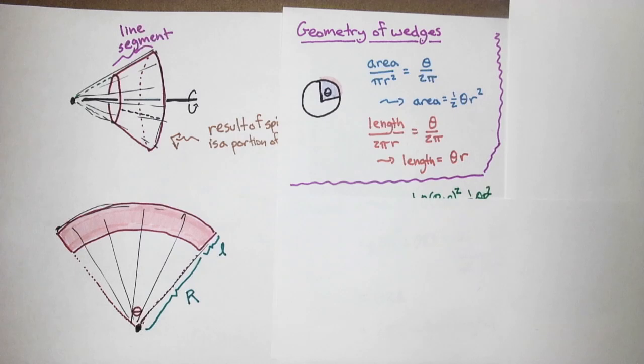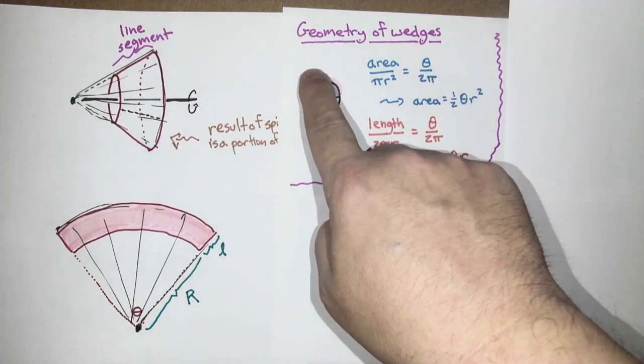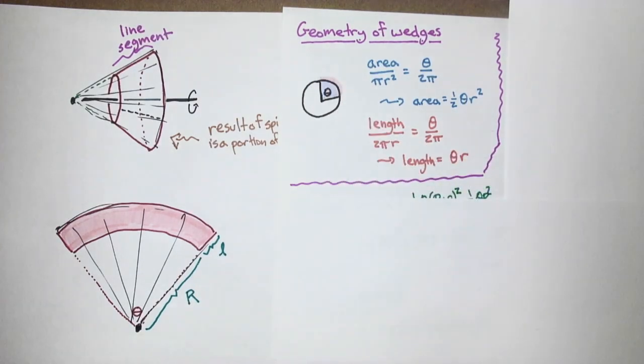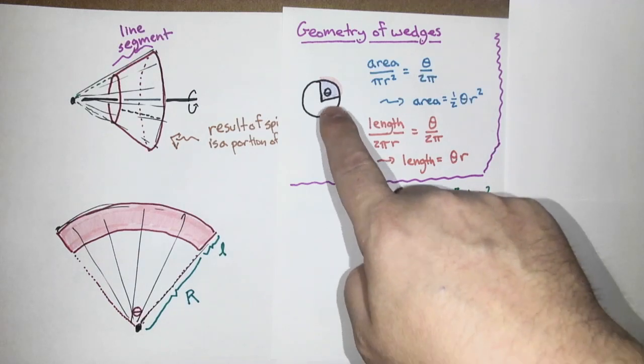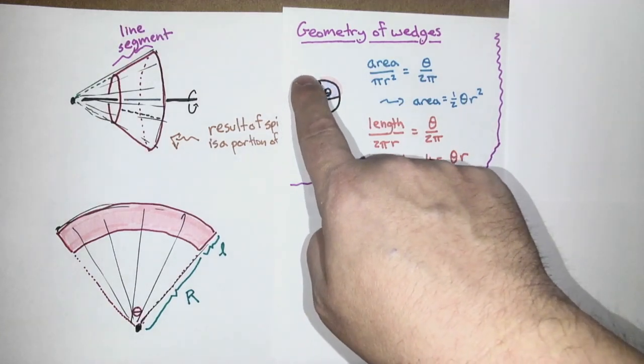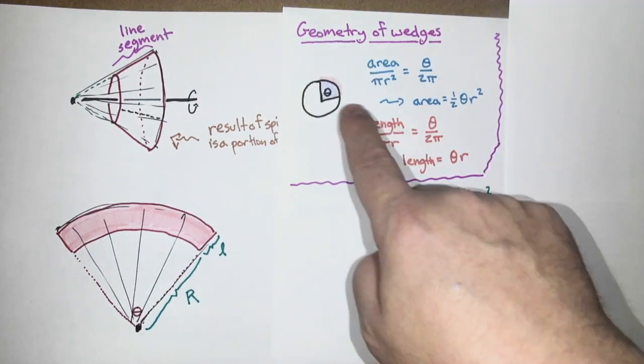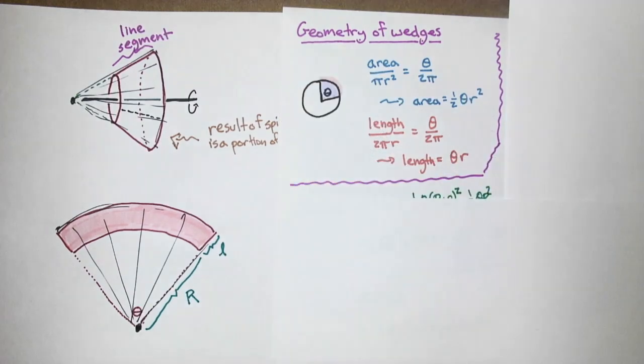And I can also measure another thing, which is the length, if you will, the amount of crust on the edge of this slice. Same principle. I'm going to look at a ratio. I'm going to take just the amount I'm after versus all the way around. That's the circumference, which is 2 pi r.